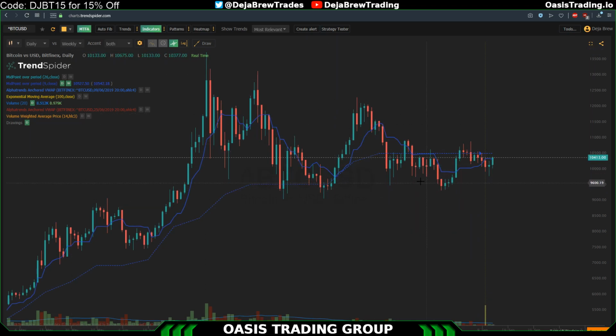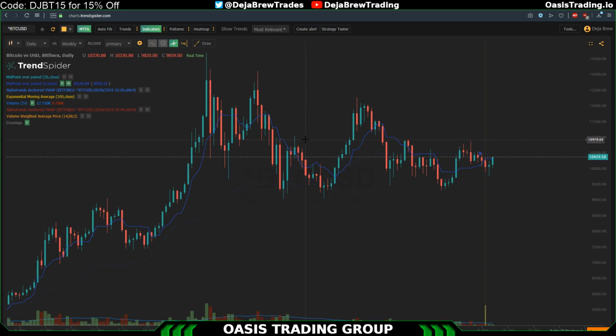Another thing you can do with the multi-time frame analysis, you can go to the accent. It has 4 different variations: primary, secondary, both, and neither. Primary is going to color your shorter time frame very dark. Your longer time frame is going to be very, very shaded. You're not going to be able to see it. It's not going to pop out very much.